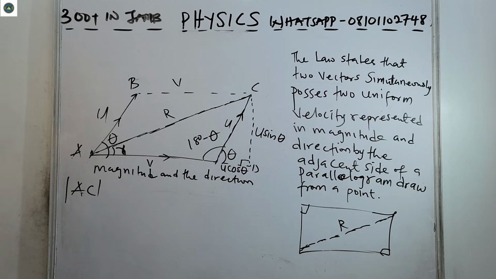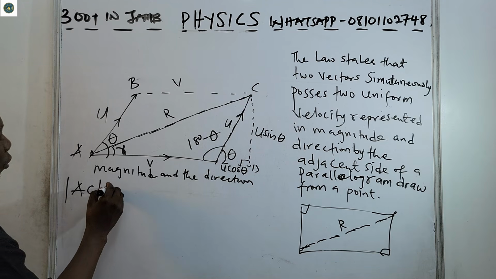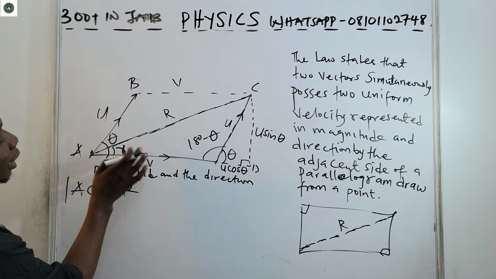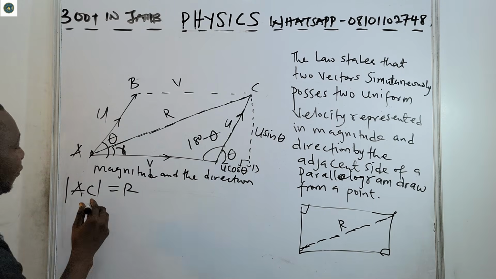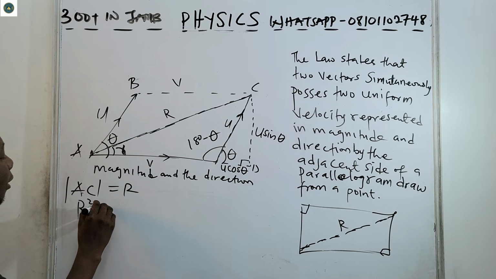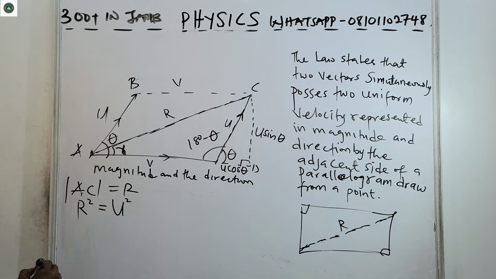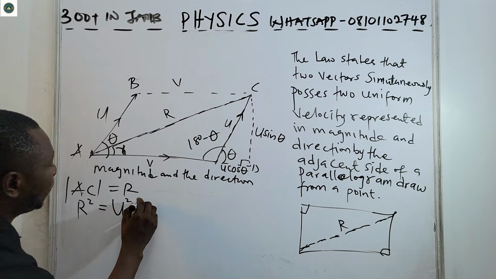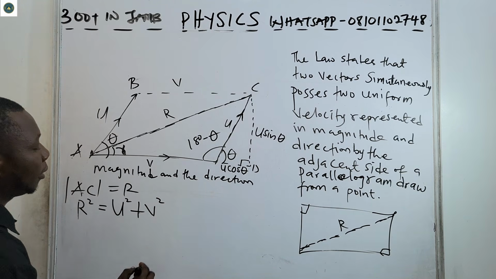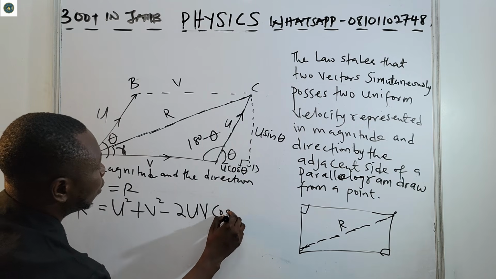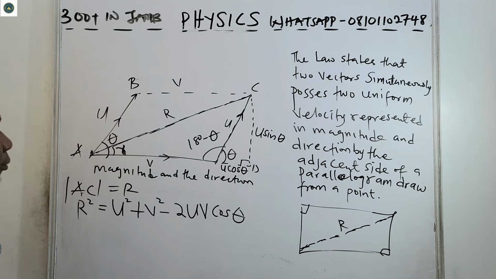So if my resultant is AC, AC is equal to R. Therefore, my other two vectors are U and V. So R squared is equal to U squared plus V squared minus 2UV cos theta.